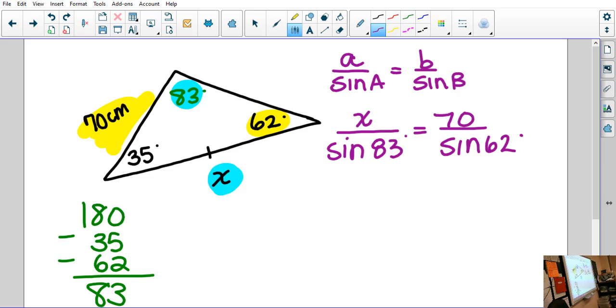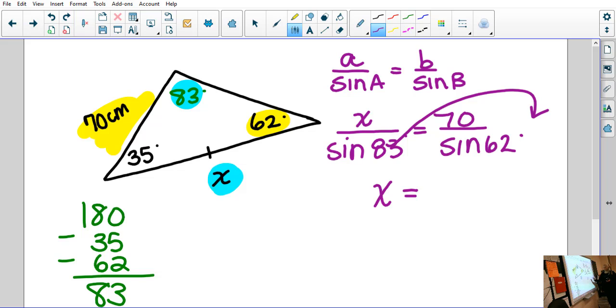So as far as showing me your work, we know that sine 83 is going to come up over to the other side. So if you want to save one line of writing, that is fine by me. We're just going to go 70 divided by sine 62, close the bracket, times sine 83.